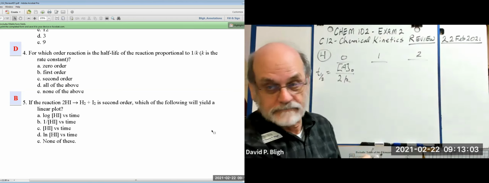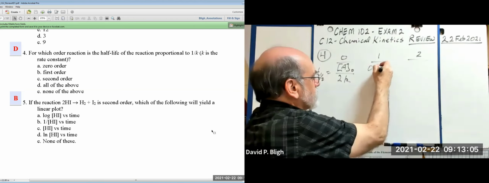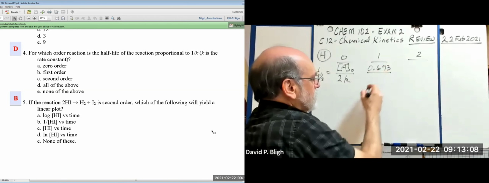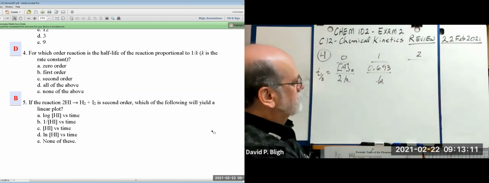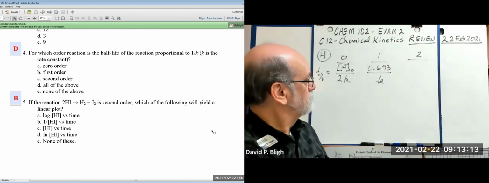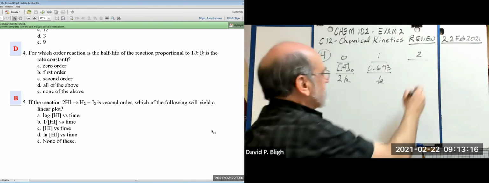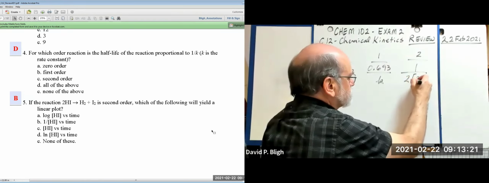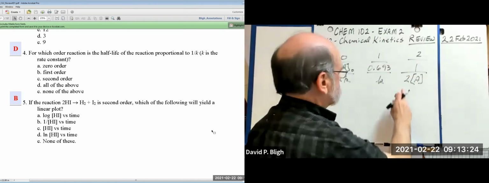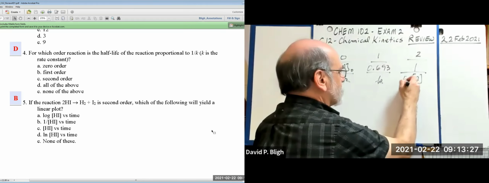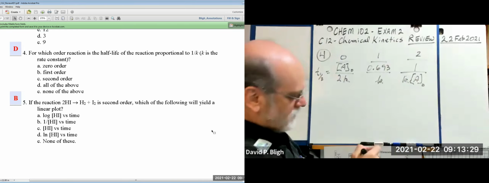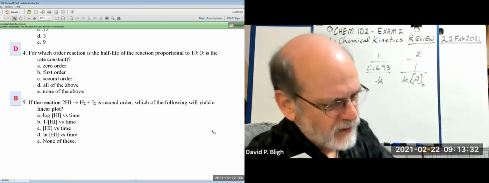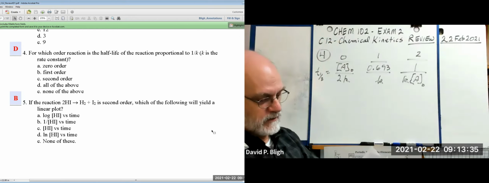How about first order? 0.693, I believe, over K. And the last one is 1 over... excuse me, that's not right. 1 over K times the initial concentration. There we go. Now, if I'm wrong, somebody tell me. I'm working from memory. They're in the useful information.